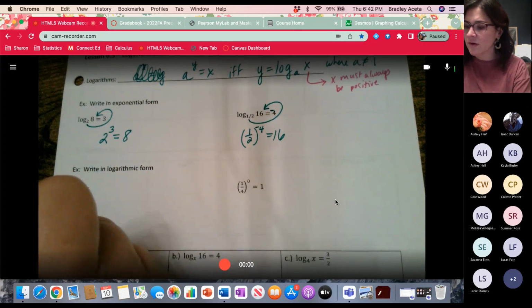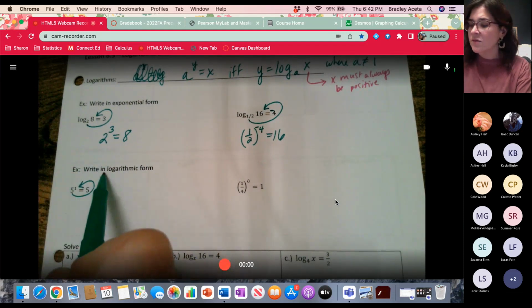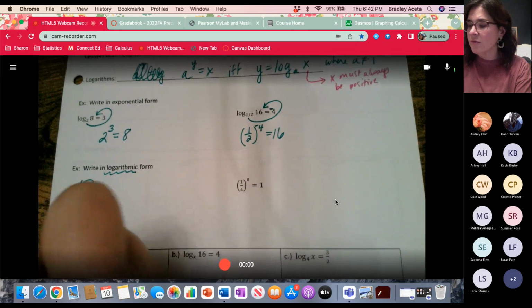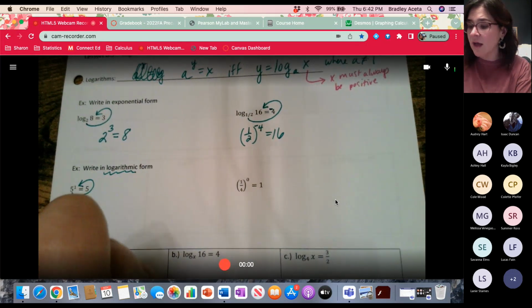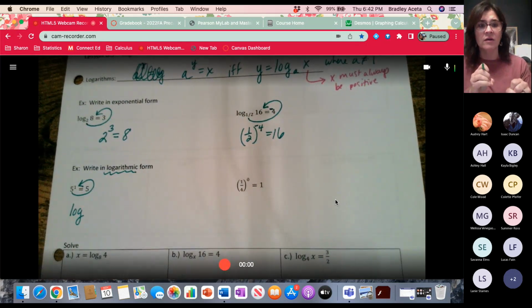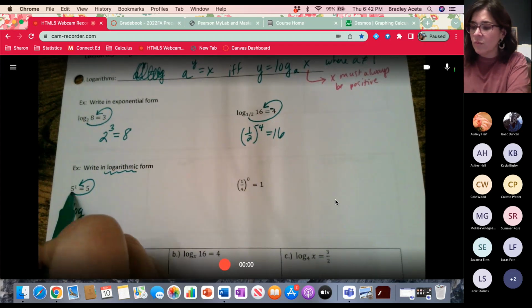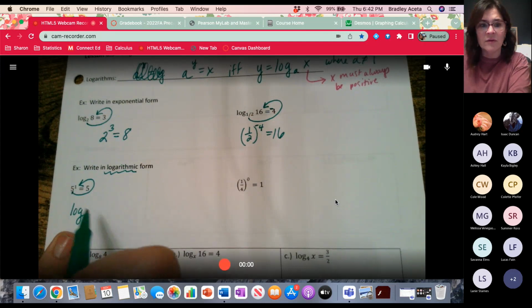You start here at the base, the 5 on the left, wrap around and point. But when it says write in logarithmic form, you're going to write the actual word log. Log of what base? Well, what did you start with on the left? You started at 5. So write a 5 here.